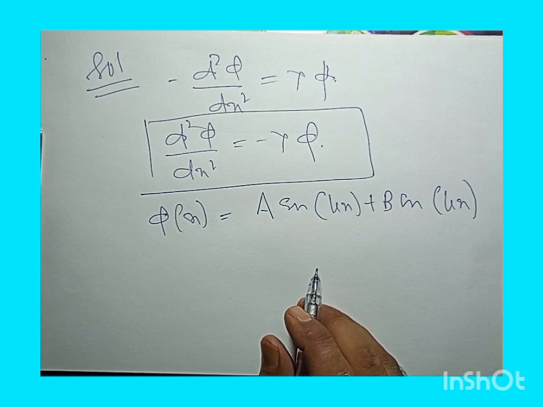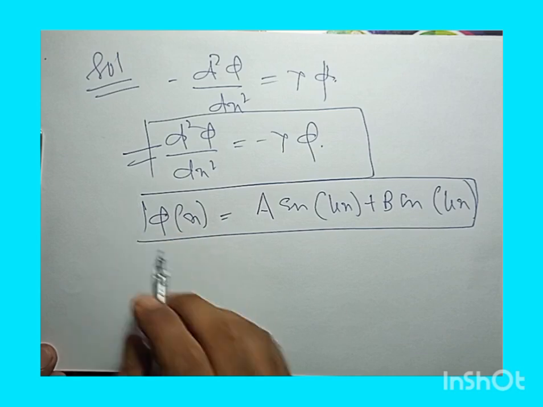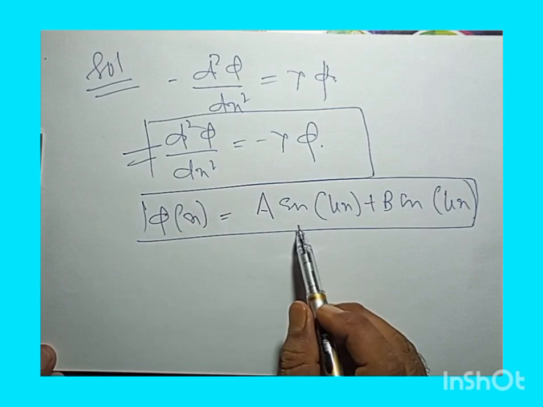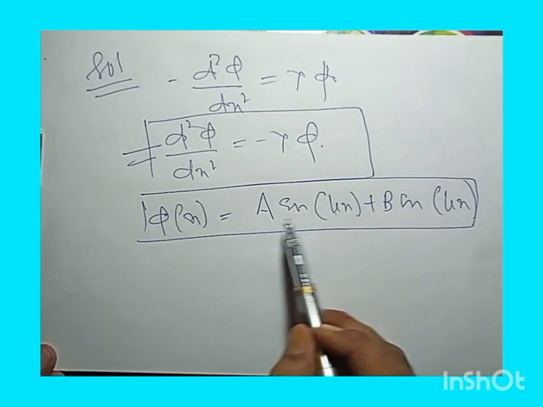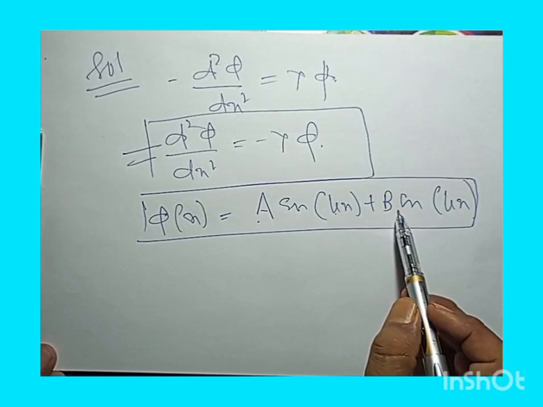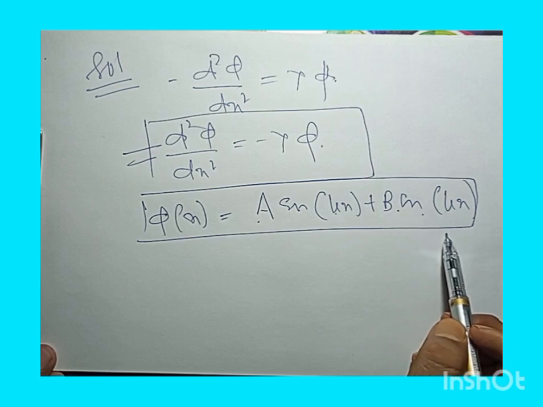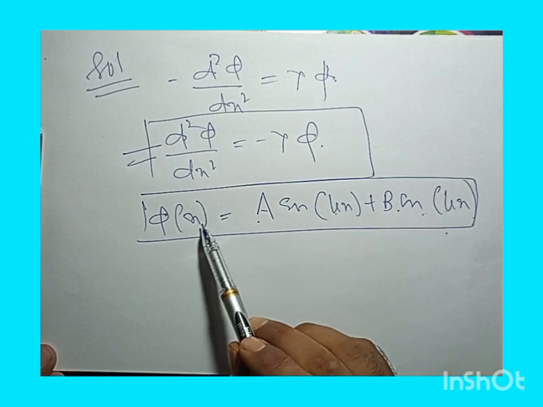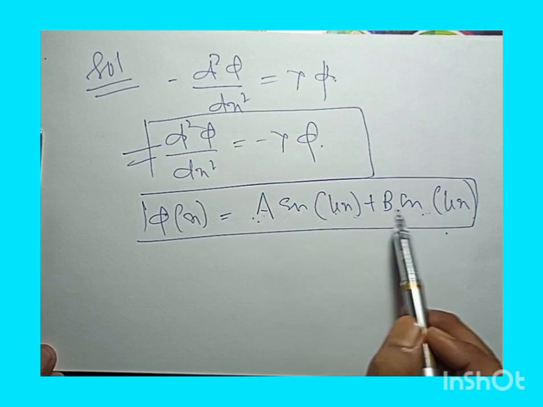We can substitute this proposed solution in the differential equation and solve it. Taking the first derivative, sine will become cos, so k comes out, and cos will become minus sine, and k comes out here. Then with another derivative, we have another k, so we will have k squared in both of these.